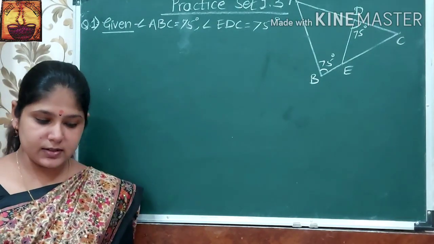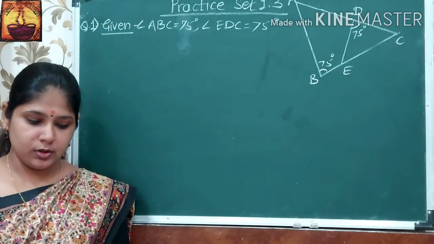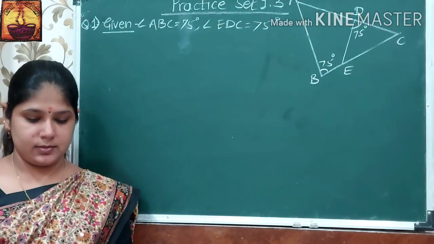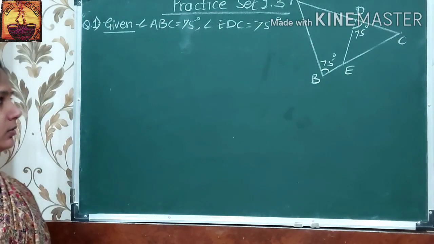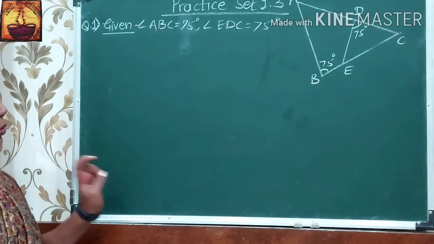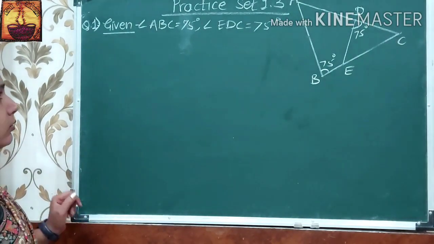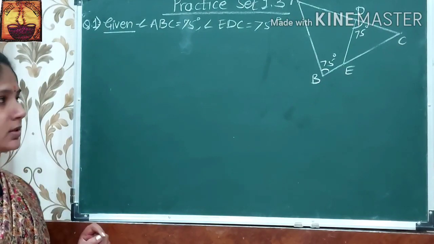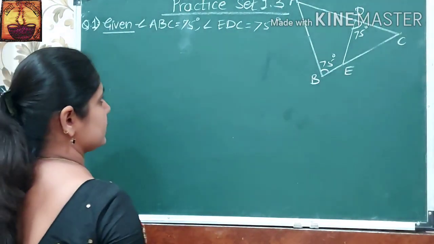Also, write the similarity of these two triangles by a proper one-to-one correspondence. Let us see this first question. Here we have to find which two triangles are similar, by which similarity test, and by which one-to-one correspondence.